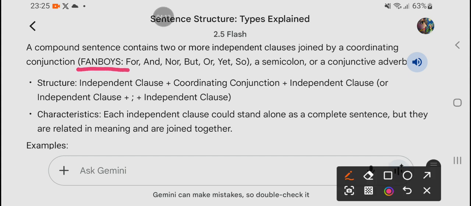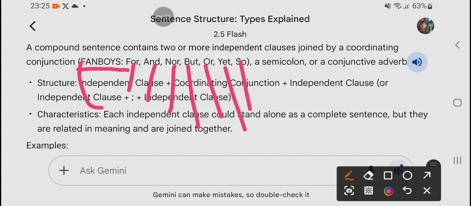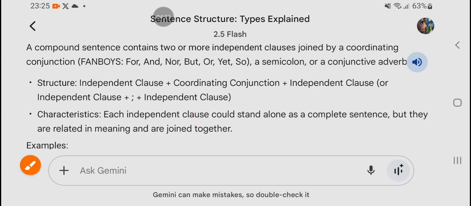FANBOYS: for, and, nor, but, or, yet, so. So in short you can remember these conjunctions. That's a coordinating conjunction, right? So a compound sentence contains two or more independent clauses joined by a coordinating conjunction, that is FANBOYS, right?